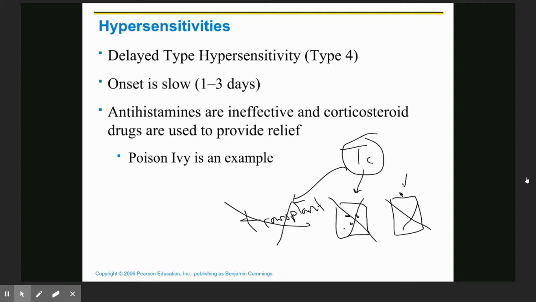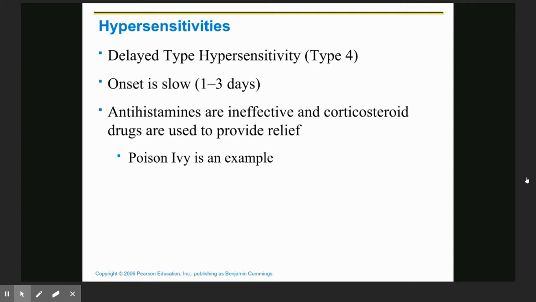Another example of this, and more common example, is what happens if you get poison ivy or poison oak. Poison ivy and poison oak and poison sumac have an oil in them. It's called urushiol.